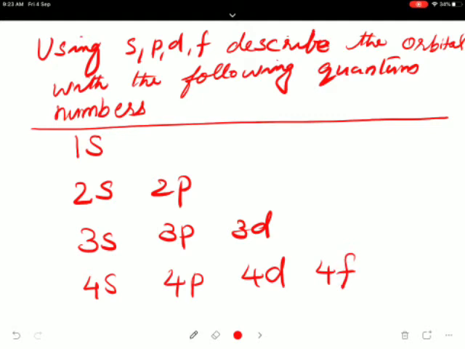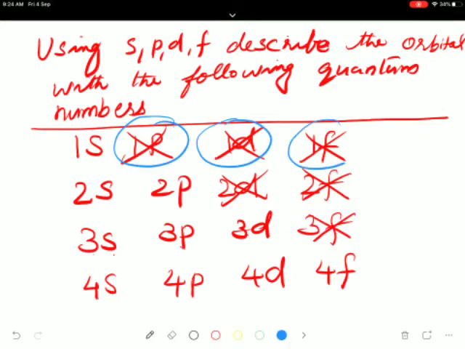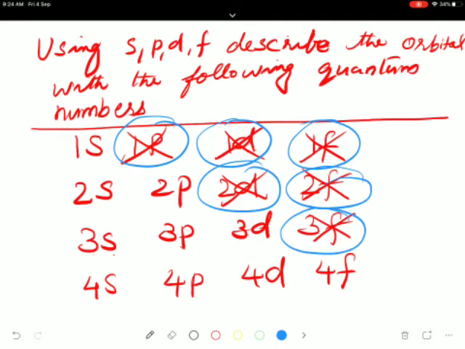So these things are not existing. In the first shell only 1s, in the second only 2s and 2p, in the third only 3s, 3p, 3d.